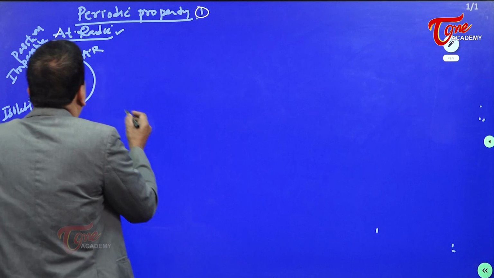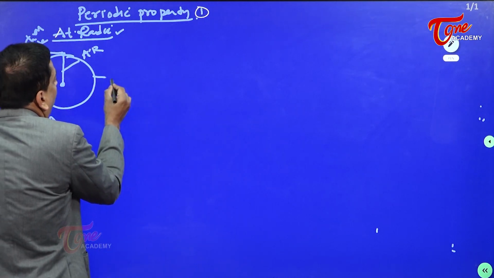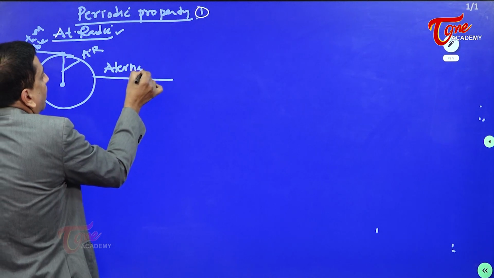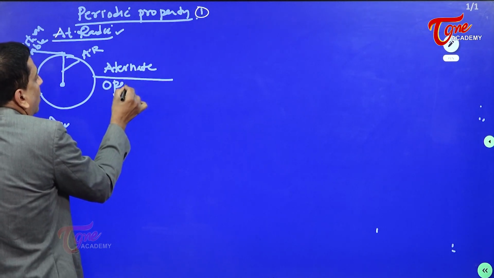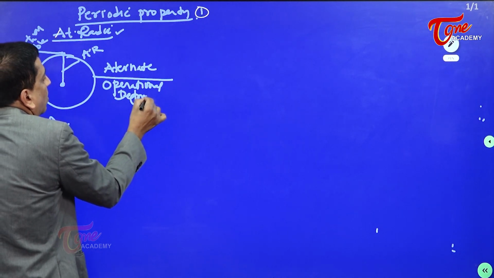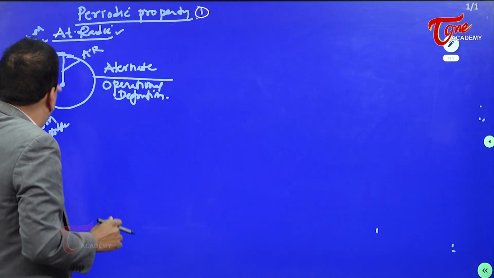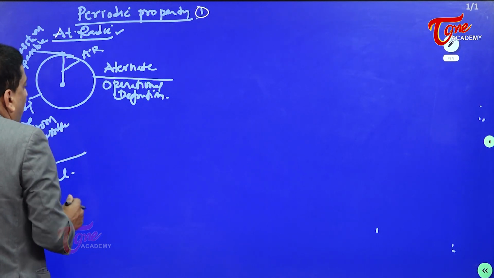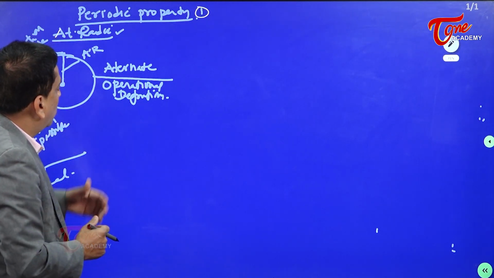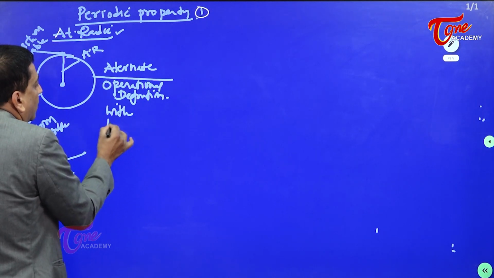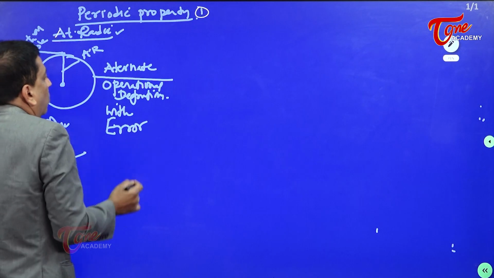So I have proposed alternate operational definitions, because this one, the entire setup, seems to be absolutely ideal. And when I do this, there are errors you can't eradicate.